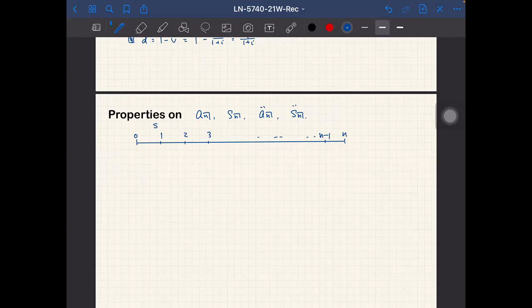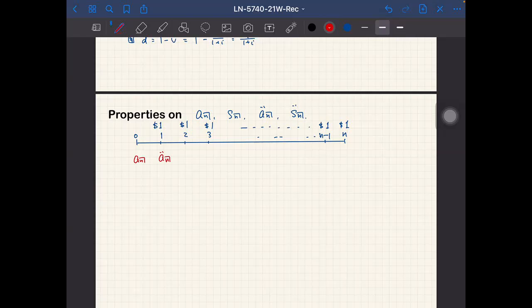Think about just the annuity immediate case. We have n payments. If we evaluate at time 0, that is A right angle n. Evaluated at time 1, this becomes A double dot right angle n.